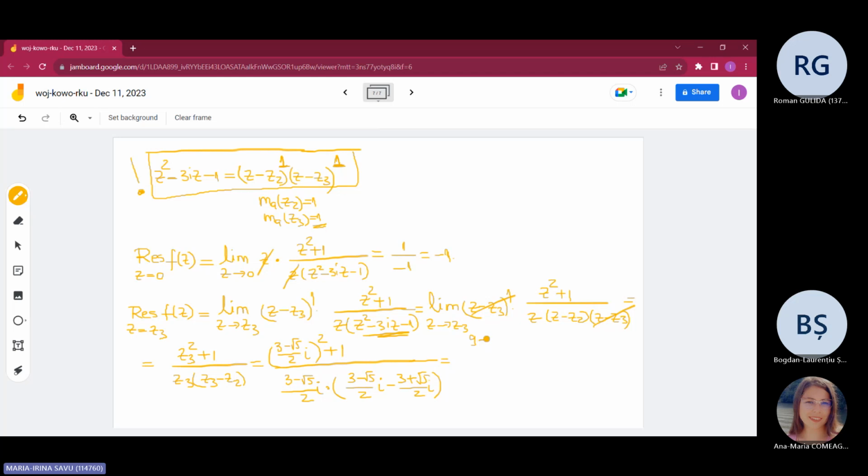And this is (9 plus 5 minus 6 square root of 5) over 4.